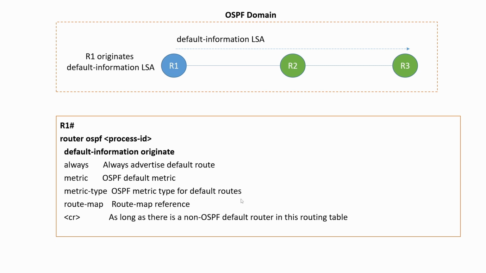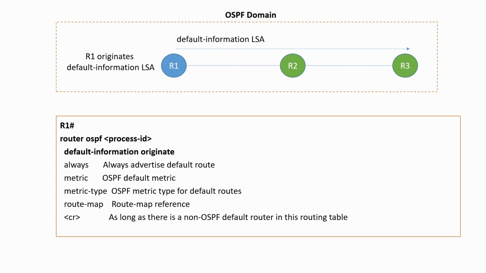OSPF has two metric types, E1 and E2. You can change the metric type between E1 and E2. Remember, the E1 metric type is better than the E2 metric type.